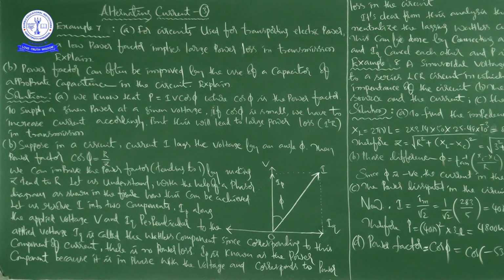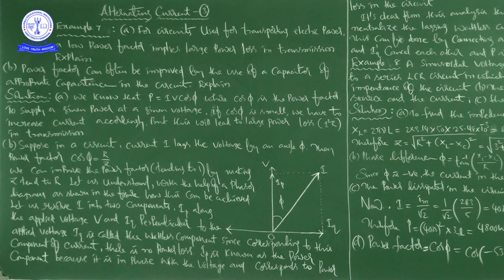This is a generalized statement, and this is the statement that we have to explain. Okay, there is also B, but first I will explain A and then I will go for B.